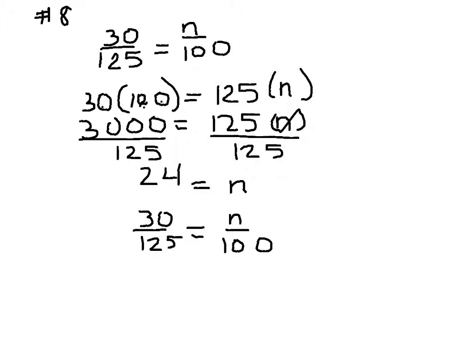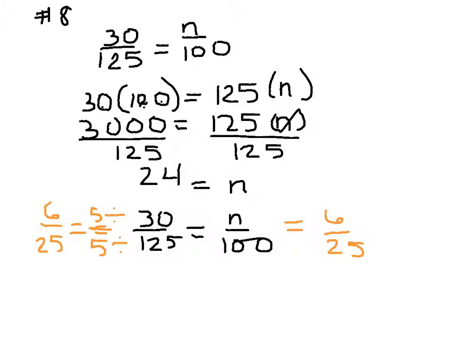I'm going to divide both the top and the bottom by 5, and that's going to give me 6 over, and then 125 divided by 5 is 25. Let's write that over on this side, is equal to 6 over 25.